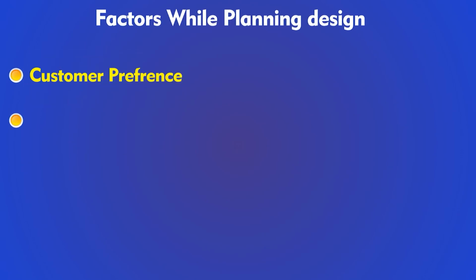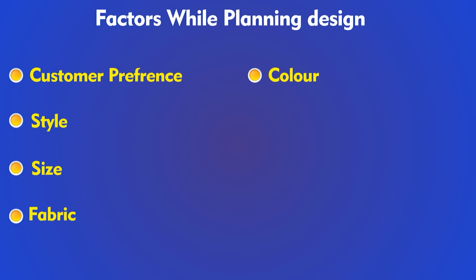Some factors that should be considered while placing the design on the garment or the end product are customer preference, style, size, fabric and base color of the garment or the end product, shape, size and purpose of the garment, creating an overall pleasant and satisfactory appearance.